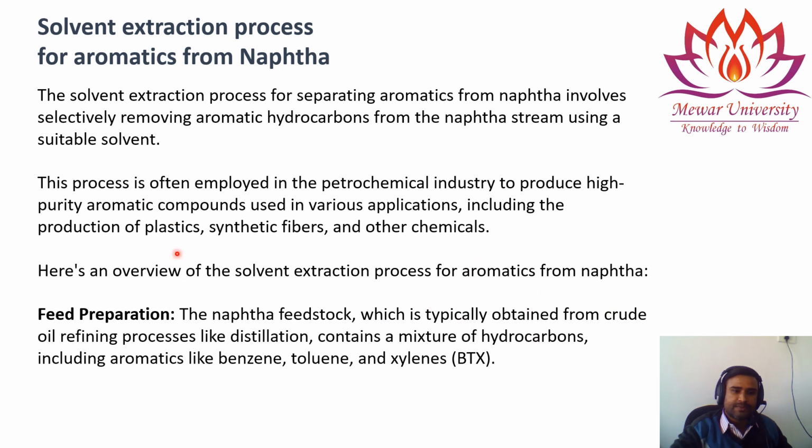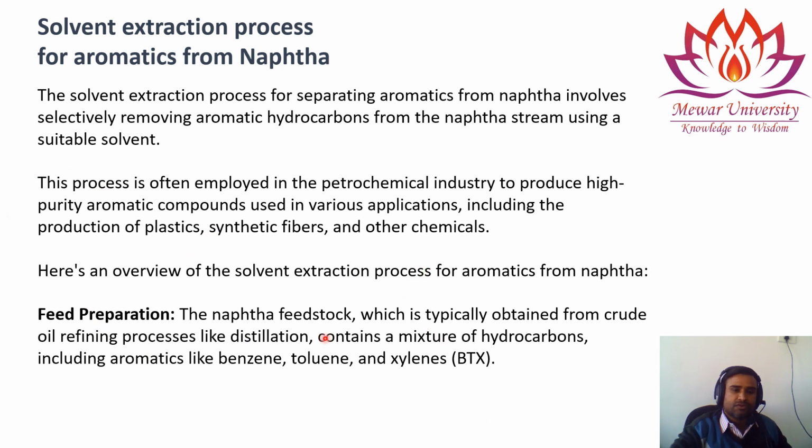The first step is feed preparation. The naphtha feed, which is typically obtained from the crude oil refining process, as I have told you before, is obtained from distillation and contains a mixture of hydrocarbons including aromatics like benzene, toluene and xylene, etc. It is called BTX.